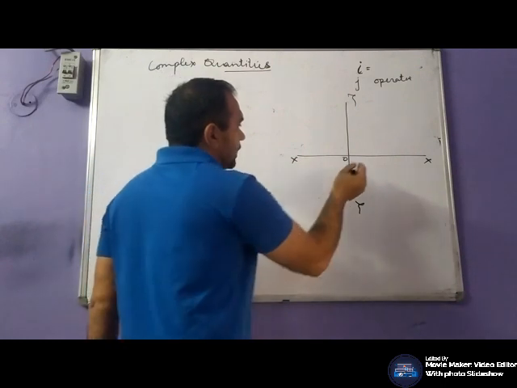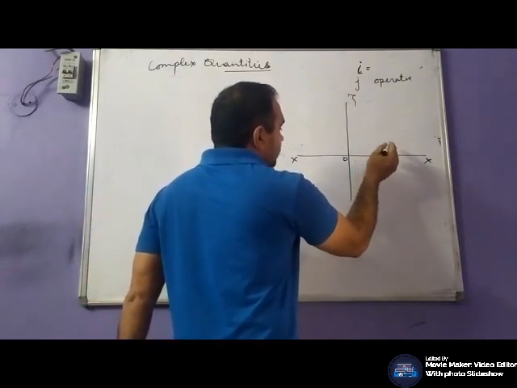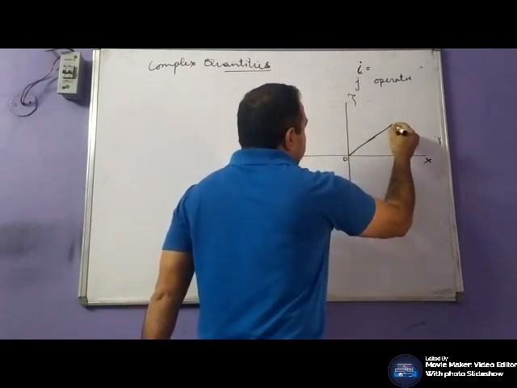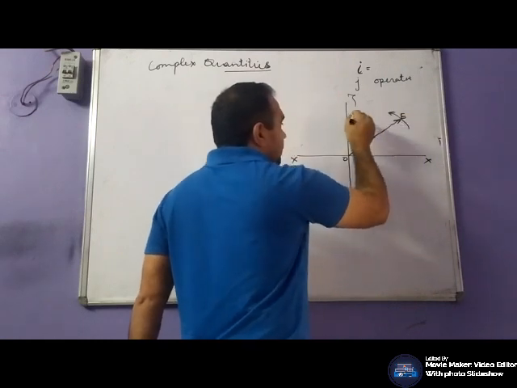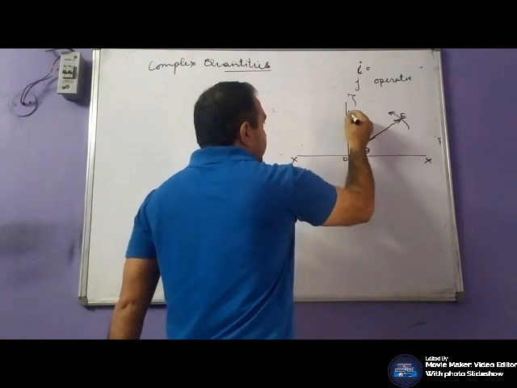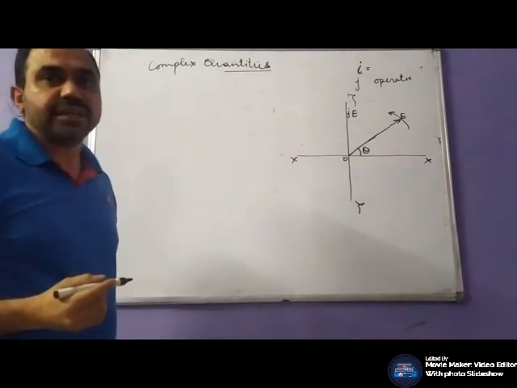If this operator is rotated by j, or when the alternating quantity, for example, this is the alternating quantity E. If this alternating quantity is rotated by an angle of 90 degree, then the value of the alternating quantity becomes jE.